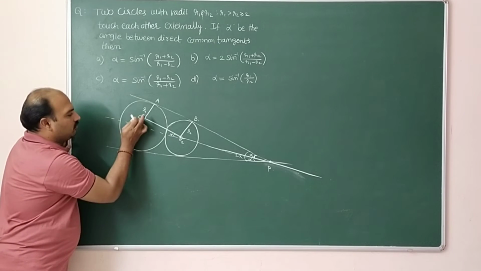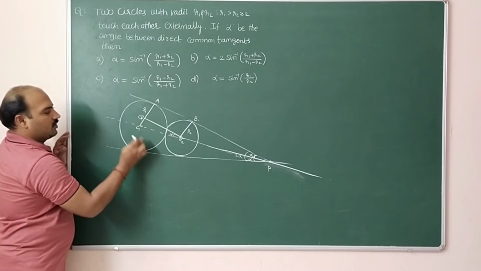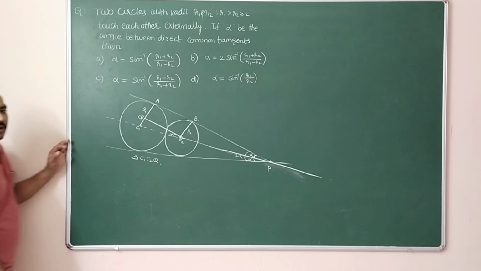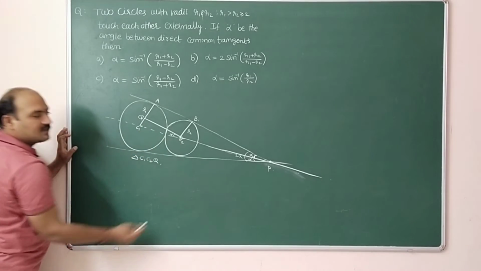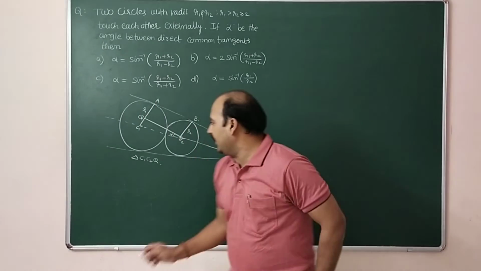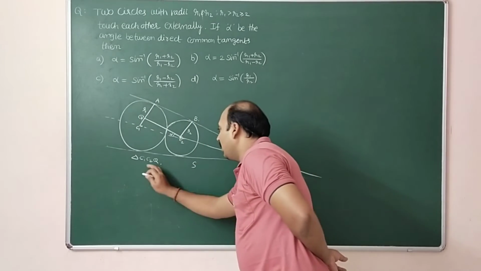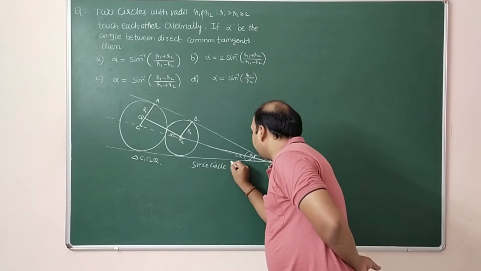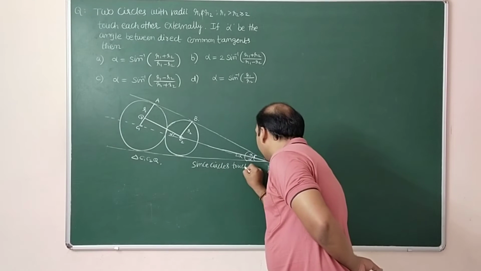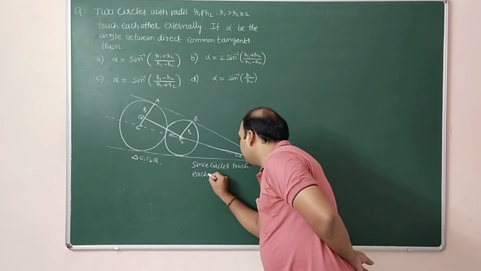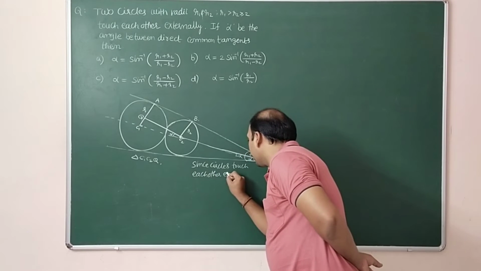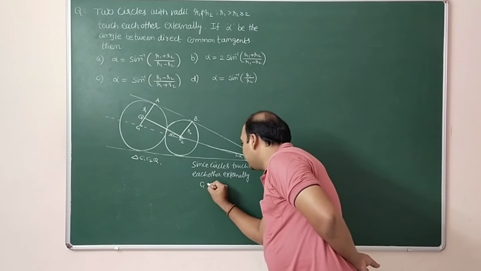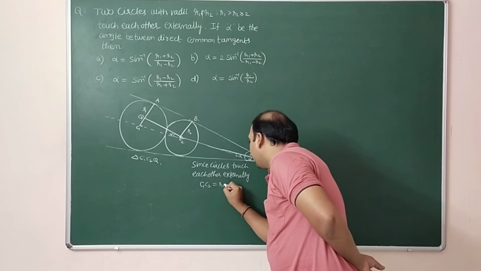From triangle C1, C2, Q. Since the circles touch each other externally, we know that C1C2 is equal to the sum of the radii.